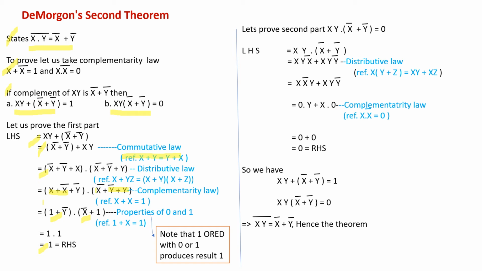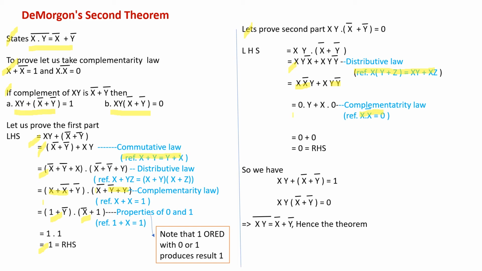Let us prove the second part, and we are going to take the LHS portion of it, which states x AND y AND with x complement OR y complement. We are going to first apply the distributive law, and the reference statement is given here, so we get this statement. After that we bring together x and x complement and y and y complement, and apply the complementarity law, because according to this law x AND x complement is equal to 0, and the same goes with y and y complement.